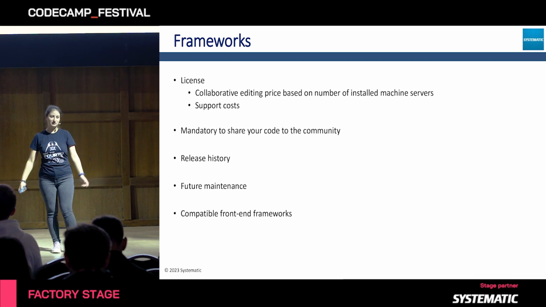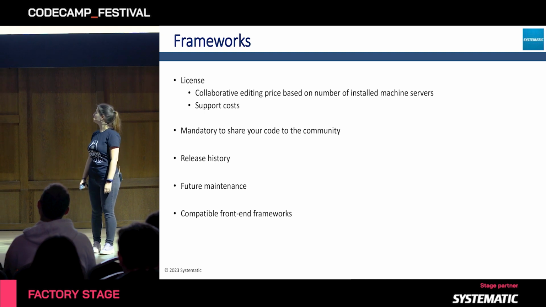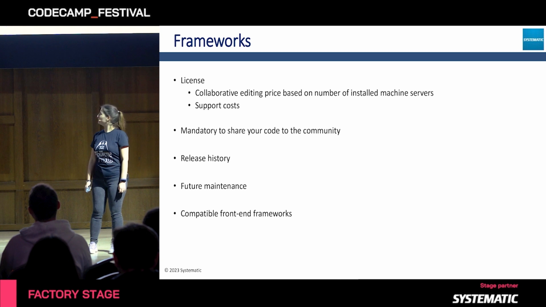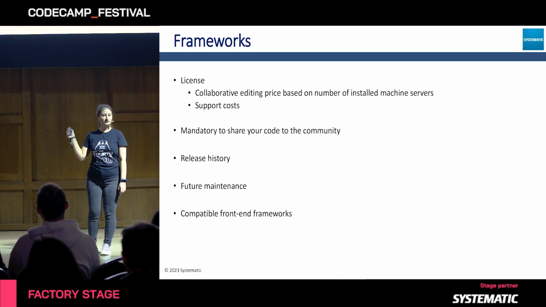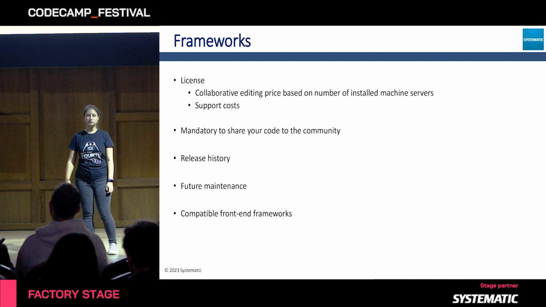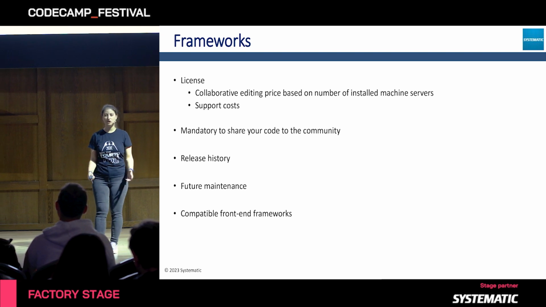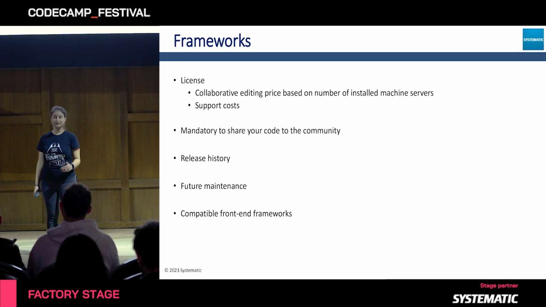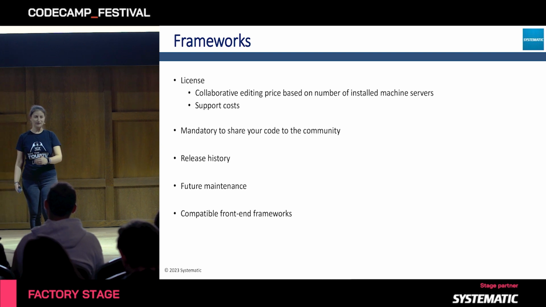Why? Because of requirements, of course. And we had a lot of requirements. One of them, the first one actually, was the licensing plan. A lot of the frameworks that you've seen on the previous slide had a license plan where they expected you to know from the start how many users and how many servers you're going to use to give a maximum number on that. And they were actually charging for each server separately.